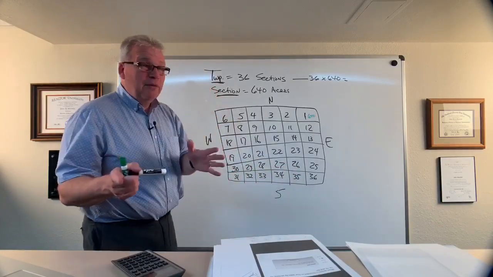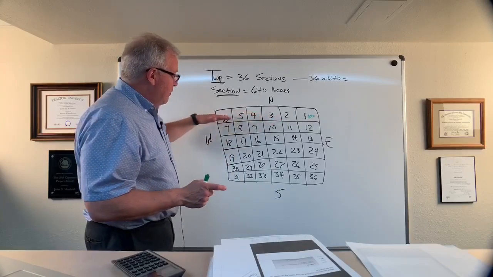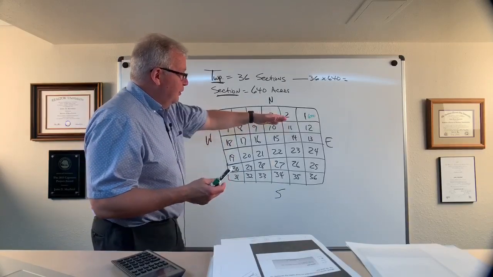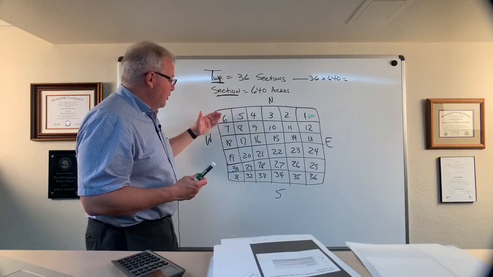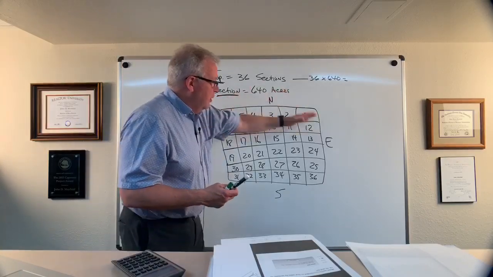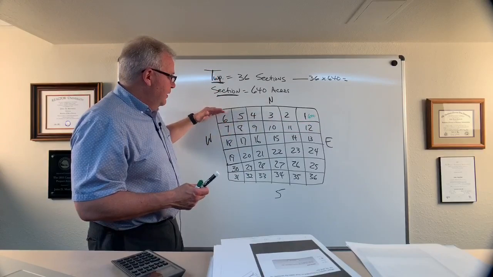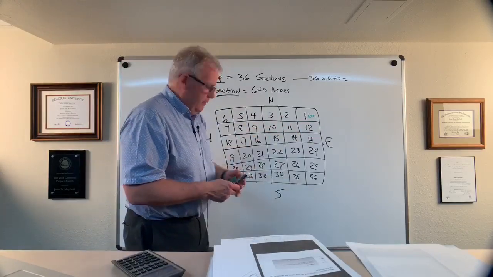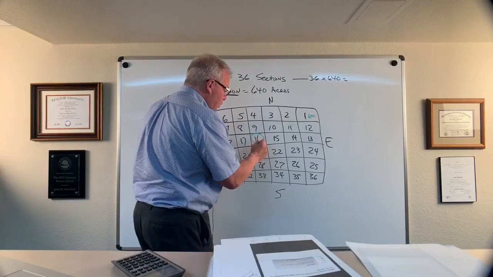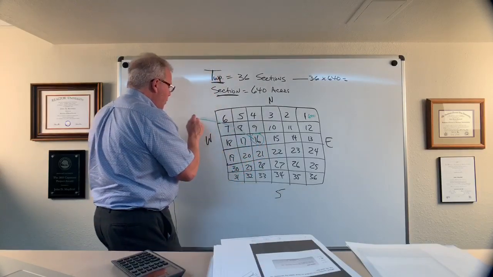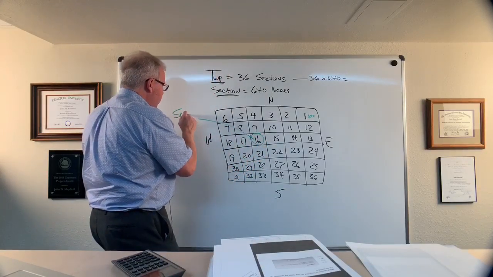I don't know if that's what happened, but 640 acres is a long piece. So they get out here with all their equipment, and rather than pick it up and walk all the way back and start over, they just dropped down and went back that way. Okay? Now, the proceeds from section 16 were given to the school.